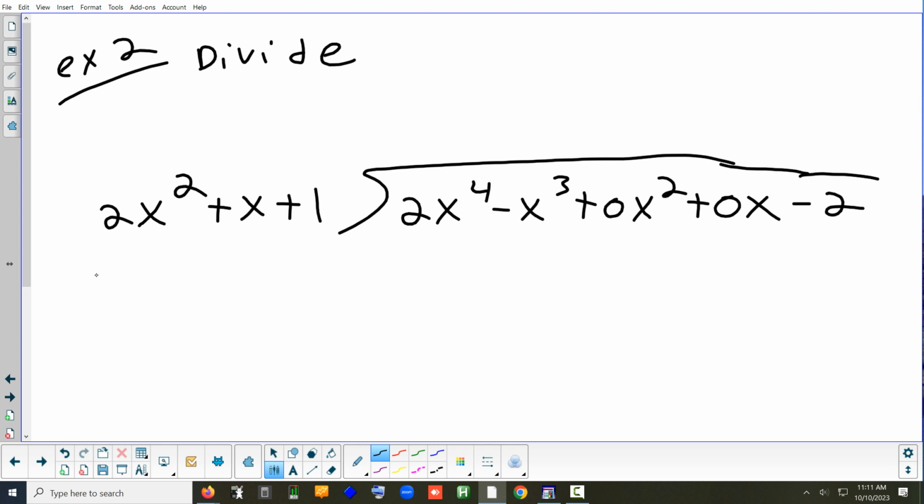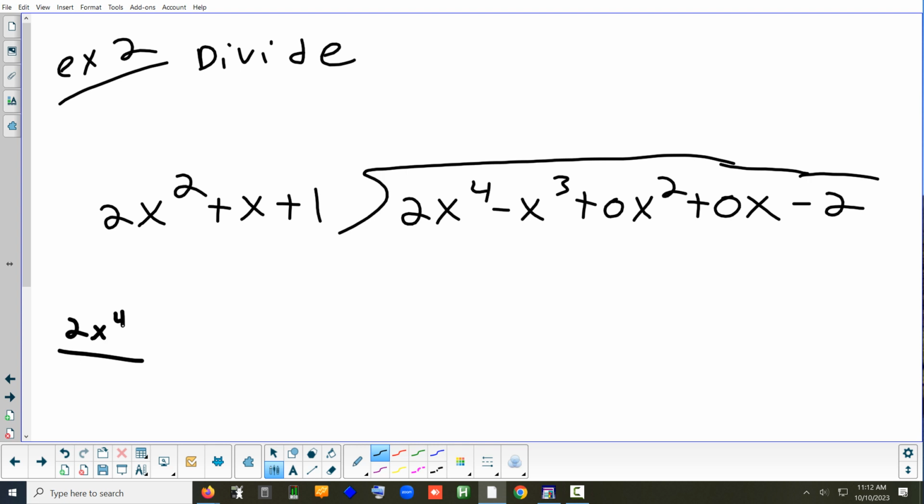So who can tell me what's the first thing that we're going to divide on the outside into something on the inside? The biggest thing inside is going to be 2x to the 4th. That means you need to have x to the 4th, meaning you need to multiply by x squared.